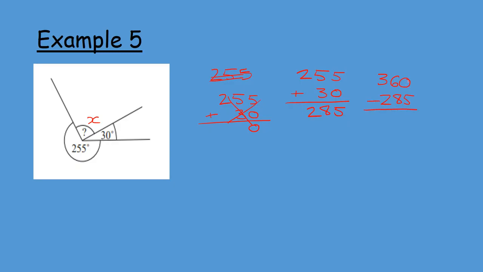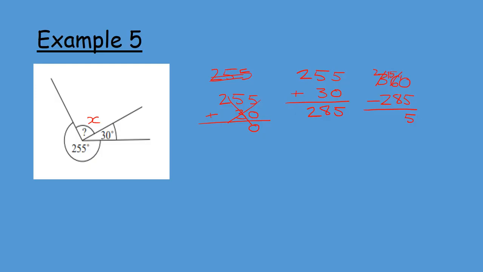So 0 take away 5 I can't do, so I'm going to borrow 1 from here, which is going to be 10. So 10 take away 5 is 5. 5 take away 8 I can't do, so I'm going to borrow 1 from here now. And this is going to become 15.